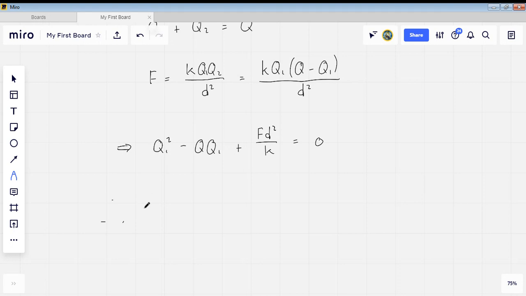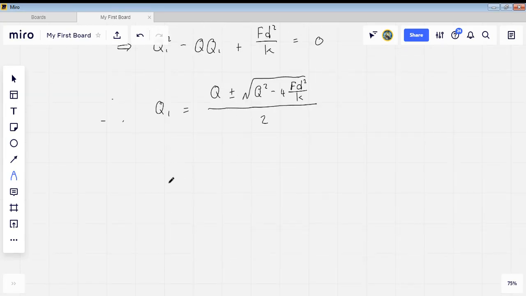If we use the quadratic formula and solve this quadratic equation, we get Q1 to be equal to Q plus or minus the square root of Q squared minus 4 times F d squared over K, and this is all divided by 2.